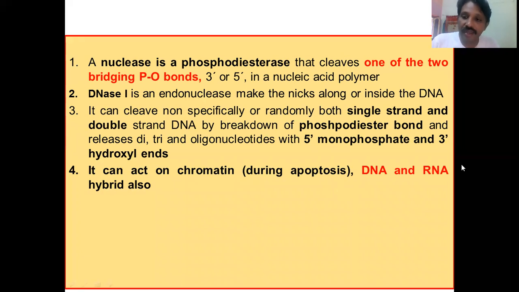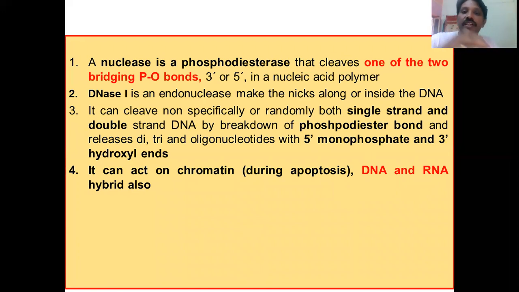In a DNA and RNA hybrid also, it can digest the DNA, right? So physiologically, DNase I plays a role in digestion of DNA in extracellular space, DNA that we consume. The second thing is that it plays an important role in apoptosis, where it degrades the DNA.